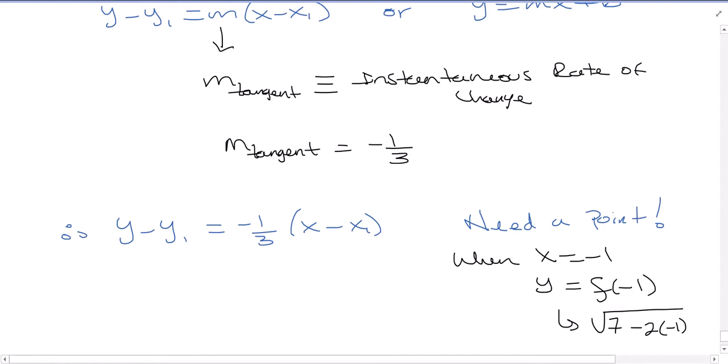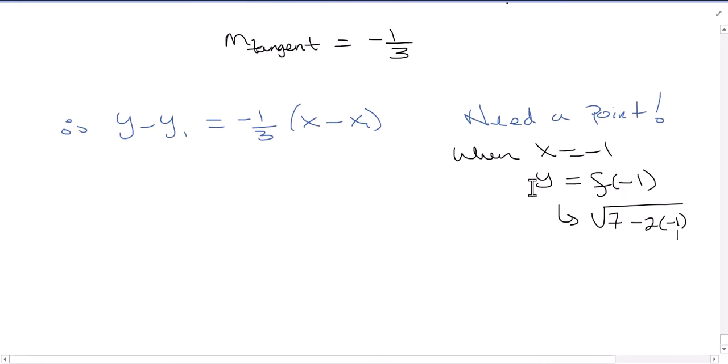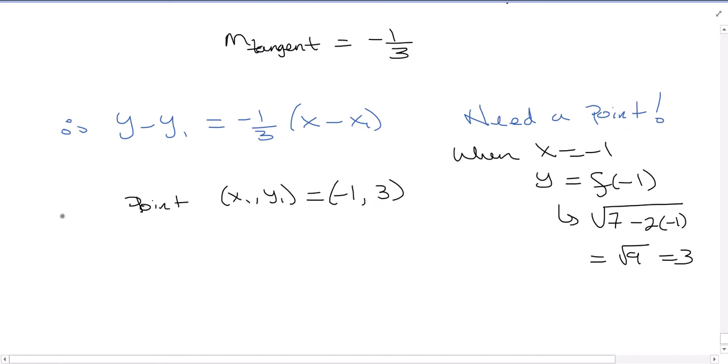And we found it earlier also that it was the square root of 9, which is 3. So our point x1, y1 is the point negative 1 comma 3. So now we can finish part B. So it'll be y minus y1, so y minus 3 equals m, negative 1/3, x minus x1.